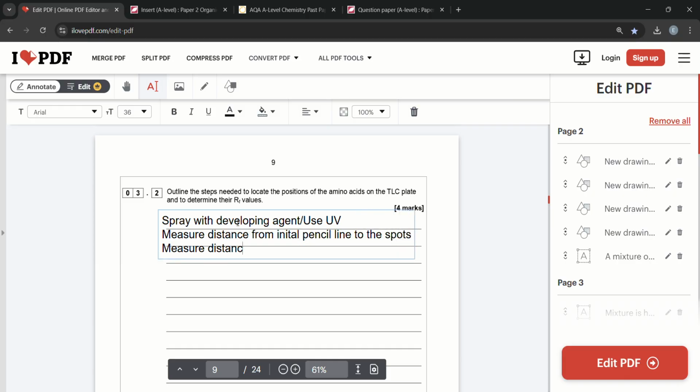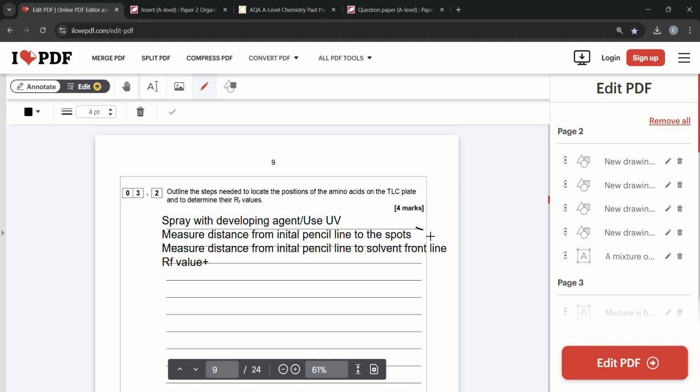Measure distance from initial pencil line to solvent front line. The RF value, in this case, let's just say that's X, that's Y, it's going to be X divided by Y.